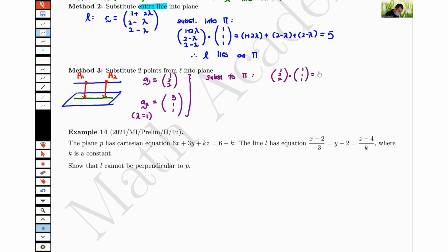So if I substitute here, we work out the dot product. I get 5. We take 3, 1, 1. It's also 5.